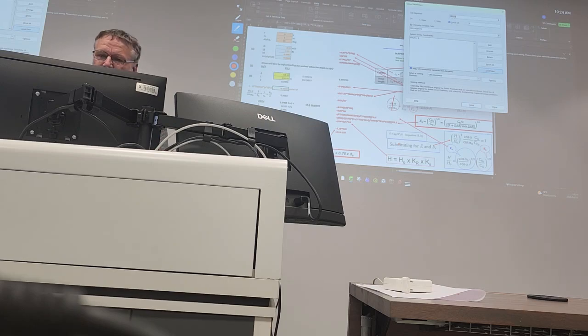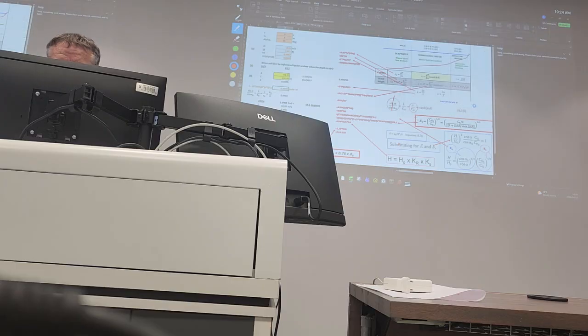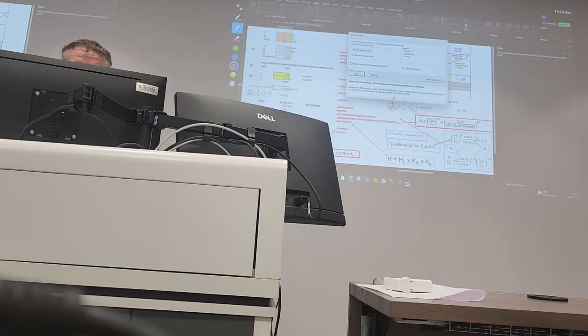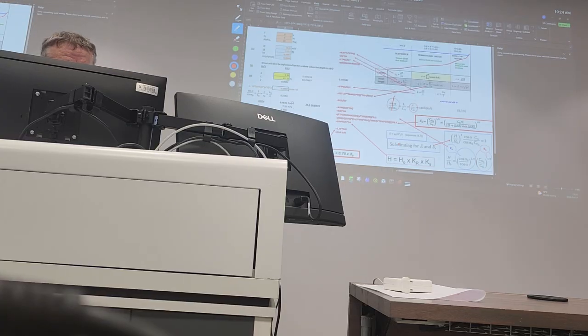Once you've done that, you can say solve. And then it gives you these results and asks, do you want to keep it? And then you just say yes. And now you'll see I've solved this to be 0, and this is also 0.